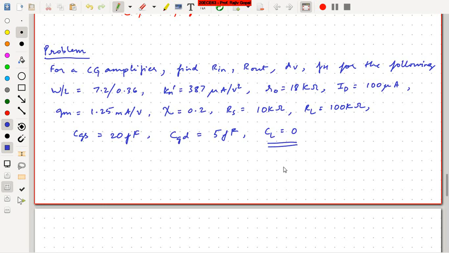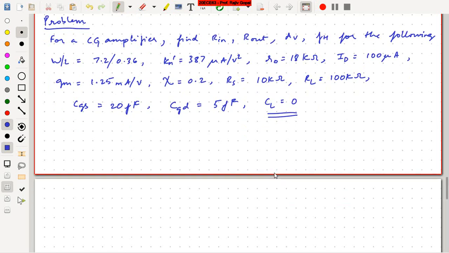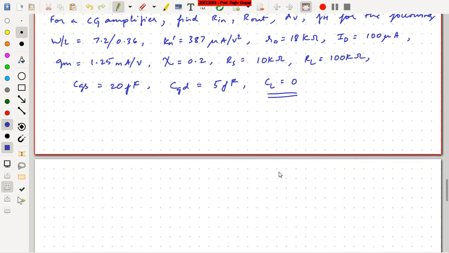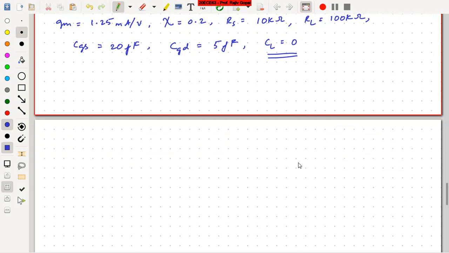See, if given such a problem, generally the circuit diagram is not given for you, but it is good practice to draw the circuit diagram for a given question, even if it is not given. Even if it is given, you also draw, so that it will be clear for you.